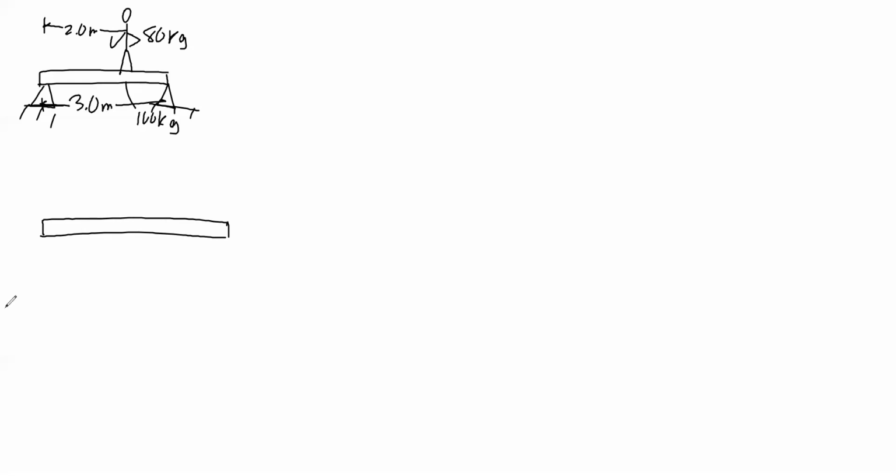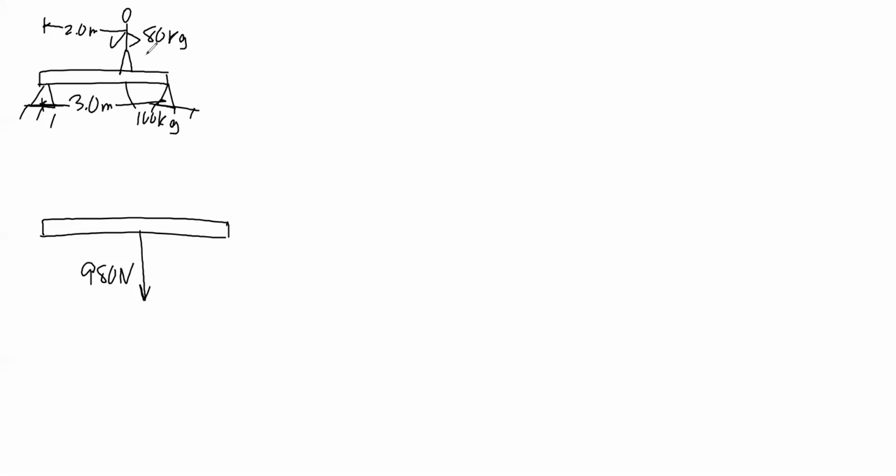And so what are all the forces acting on this beam? Well, it's a 100 kilogram block. We've got gravity pointing straight down. So that's 100 kilograms times 9.8, so that's 980 newtons. You also have the normal force of the person. It's not the gravity of the person, technically.